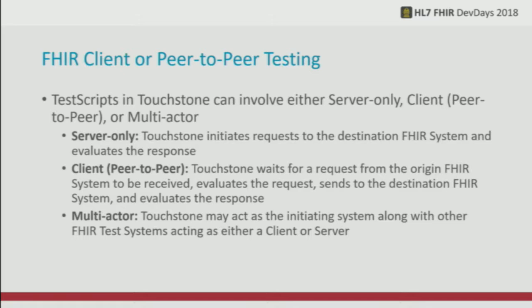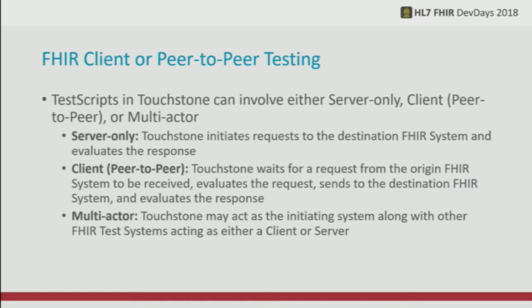So you can build a bad request in your test script because that's what you want to test. You want to test your server to see how well it reacts to a bad request. So that's called negative testing, which we highly recommend. But another aspect of Touchstone is how do you test a client? So Touchstone has built into it the concept of a proxy. So we'll be a man in the middle.